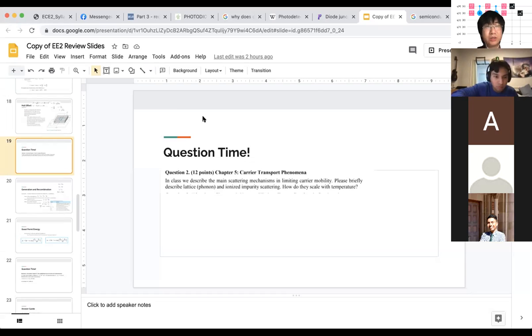I can't draw on here, but basically a direct band gap is a straight line up from the valence band to the conduction band, while indirect means the conduction band electrons are right here and the valence band is right here, so it's at a diagonal. And so how does phonon scattering scale with temperature?